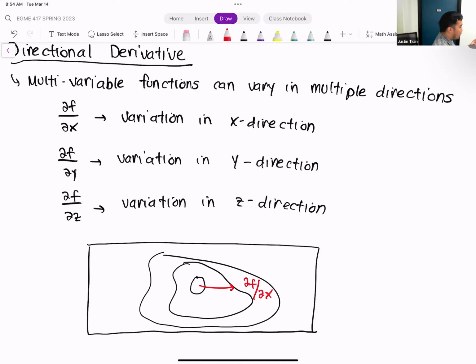So that's great, so the partial derivatives kind of give us the rate of change of our function in each of the cardinal directions. Okay? But what if we want to take the rate of change in an arbitrary direction, right? So maybe we don't want to walk down the mountain in the x direction. We want to walk down the mountain in this direction. We want to walk down the mountain in that direction. We want to know, how steep is the mountain going to be if we walk in those directions.